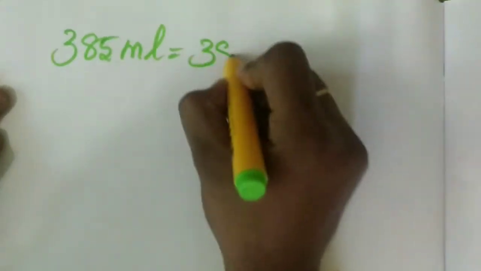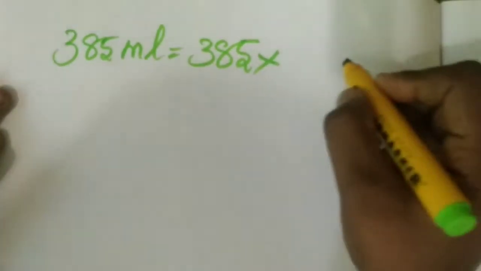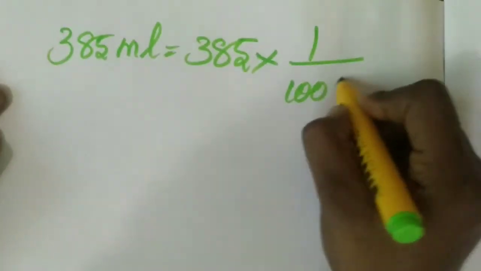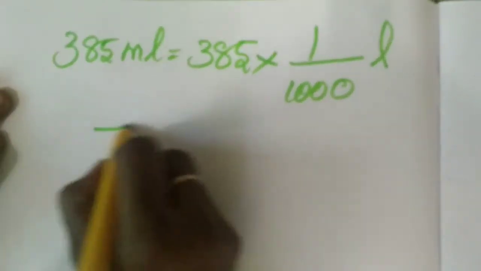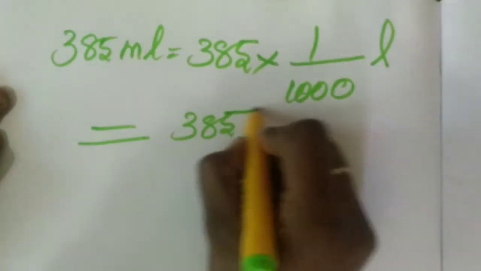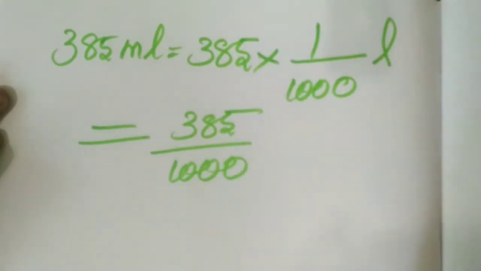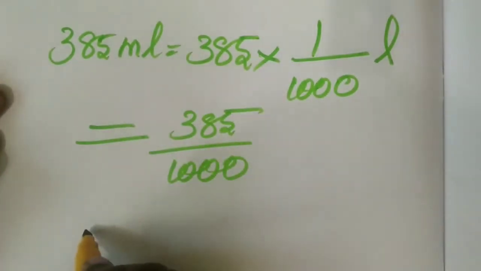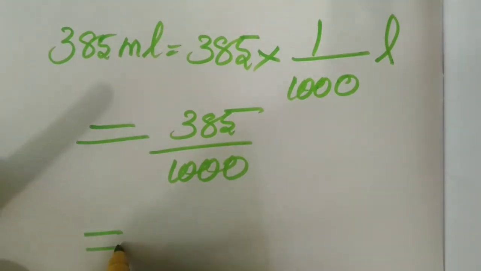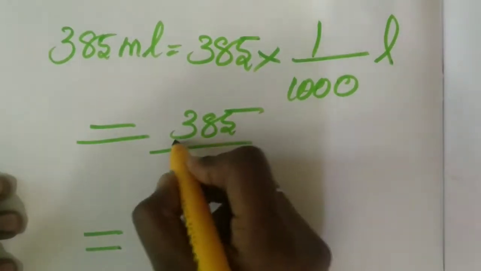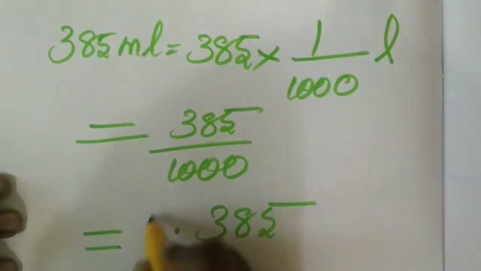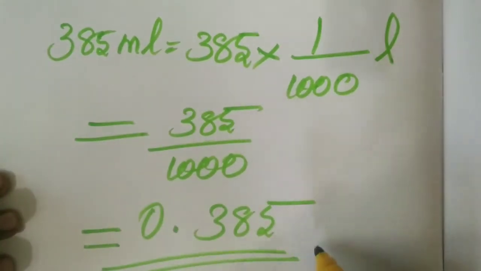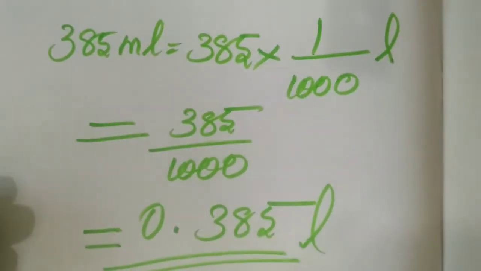Now 385 milliliter is equal to 385 into 1 by 1000 liter, so 385 divided by 1000. The denominator contains 3 zeros, so there should be 3 numbers after the decimal. The 3 numbers are 385. So 0.385 liter is the answer. Are you clear, my dear kids?